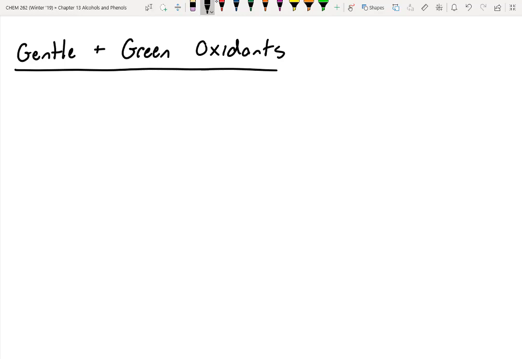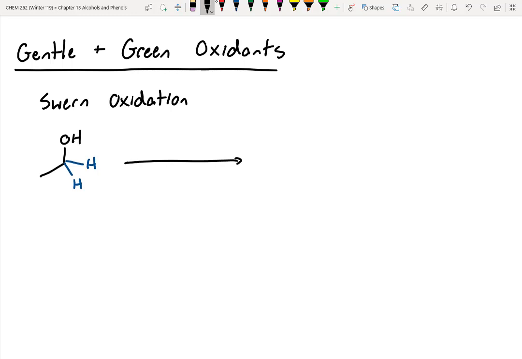All right, so the first one is called the Swern oxidation. And the Swern oxidation will work really similarly to PCC. I'm not going to do the whole mechanism for this, but the main thing is you need something like TFA or some other acid source.